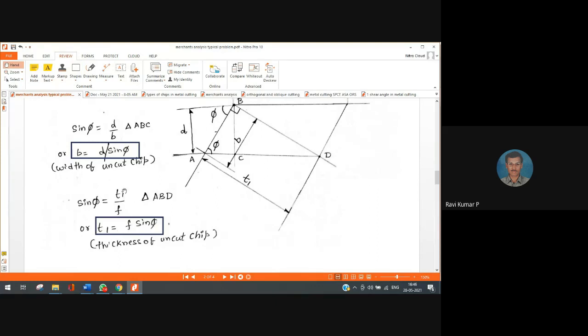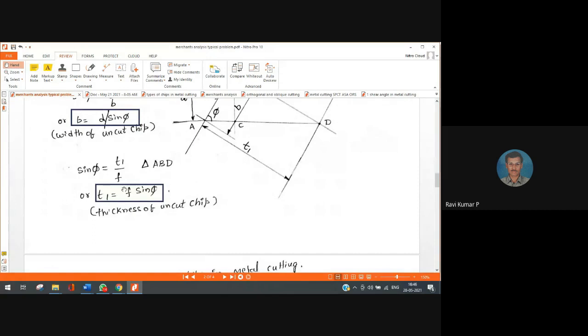These two are very important because when we make the calculations for material removal rate, this is going to greatly influence these things. How? Just look.